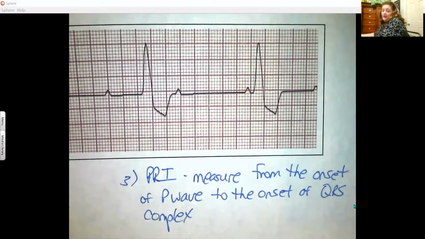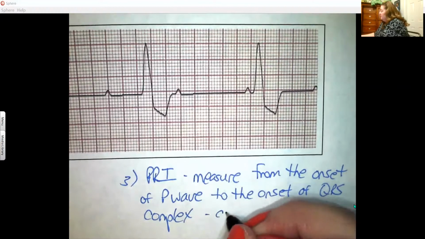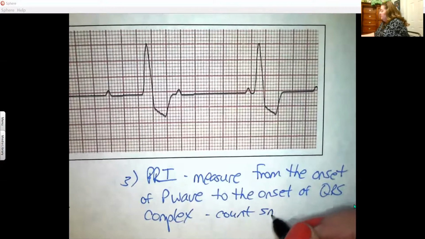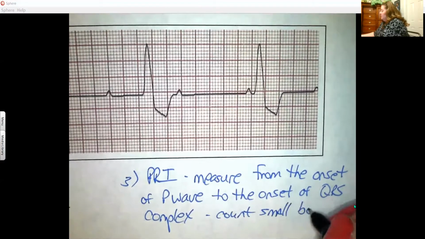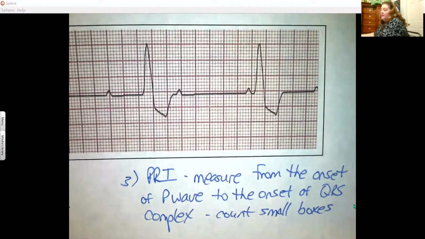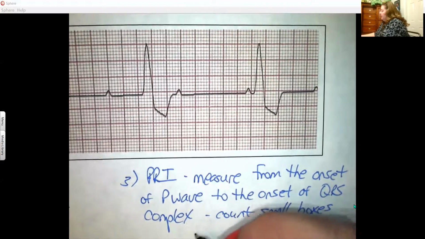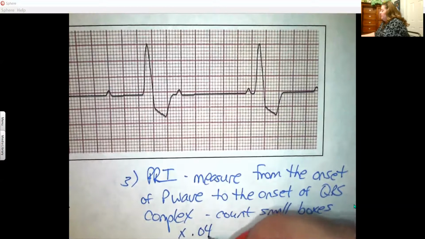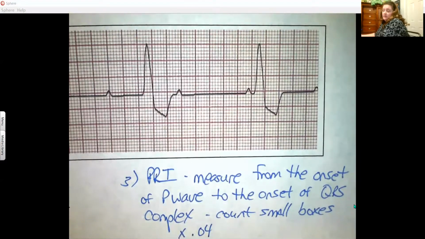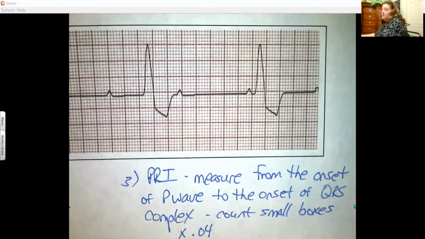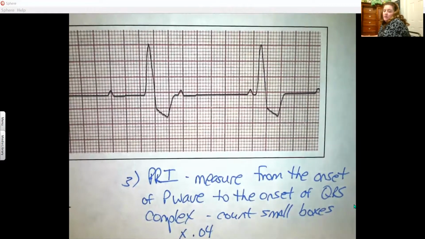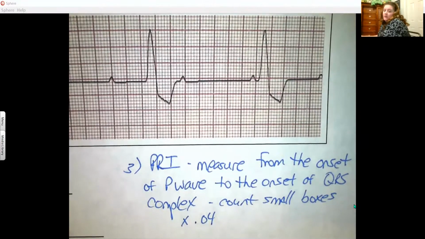And we're counting again. This time though, we're counting small boxes. And for this, you are multiplying those by 0.04, so that's each small box per seconds. And so we're looking for a single value here, but it does depend on which wave you choose. You may actually see multiple.